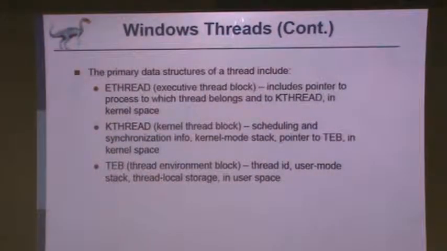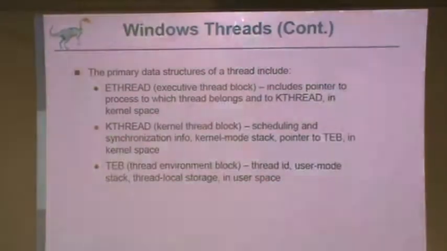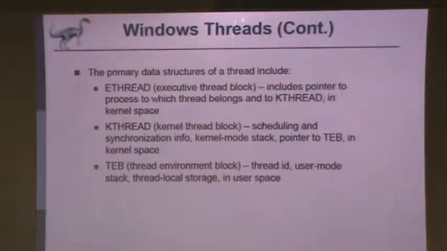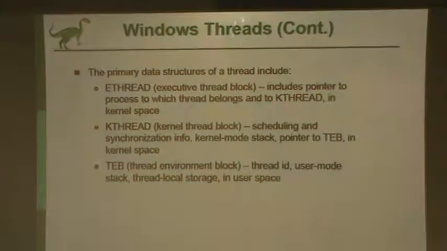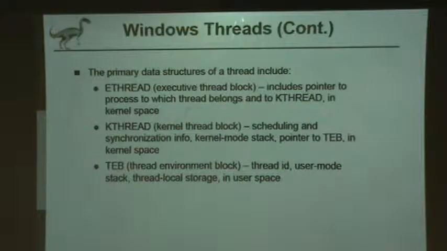The primary data structures of a thread in Windows are ETHREAD, KTHREAD, and TEB. The ETHREAD includes a pointer to the process to which the thread belongs. This is the first thread we created.